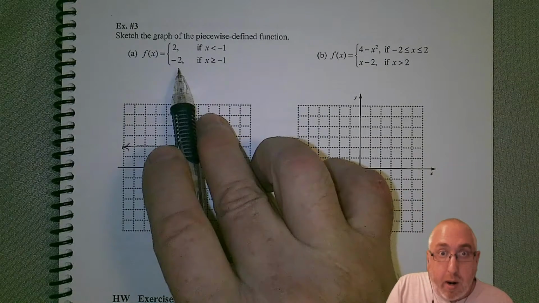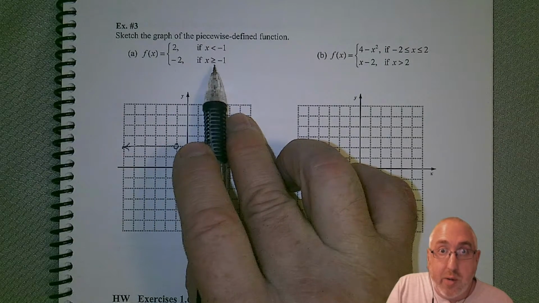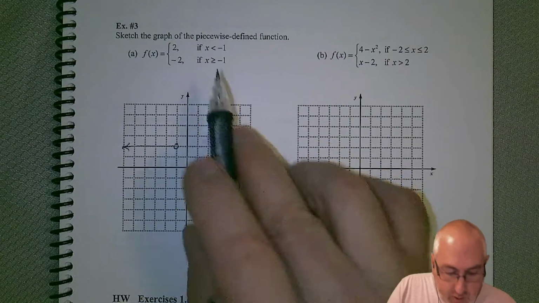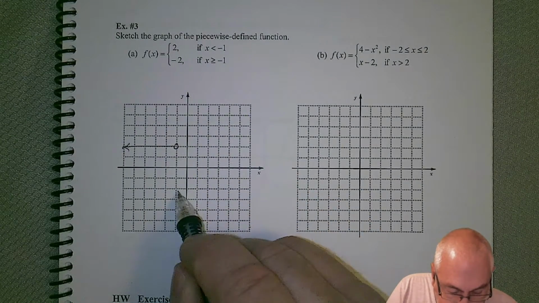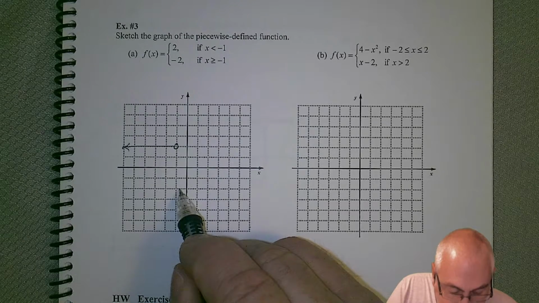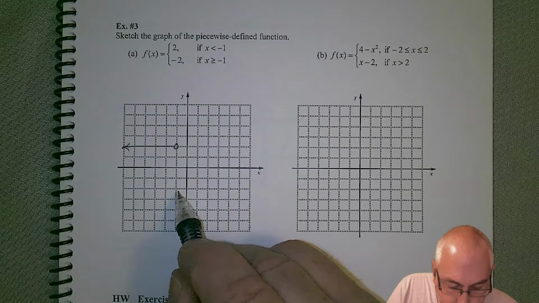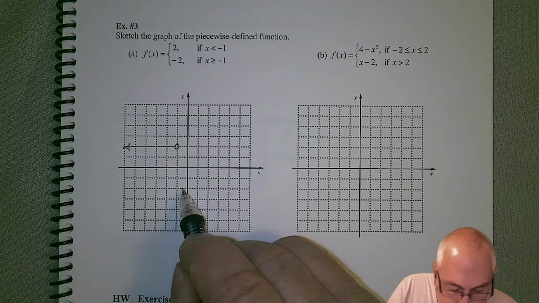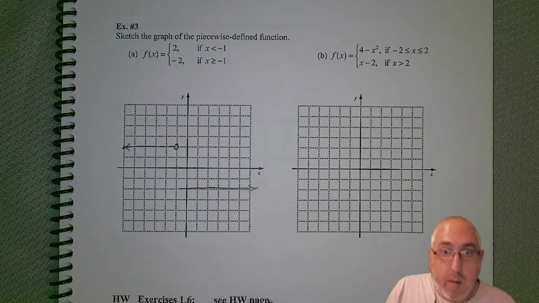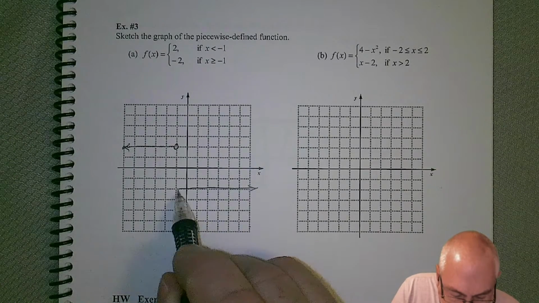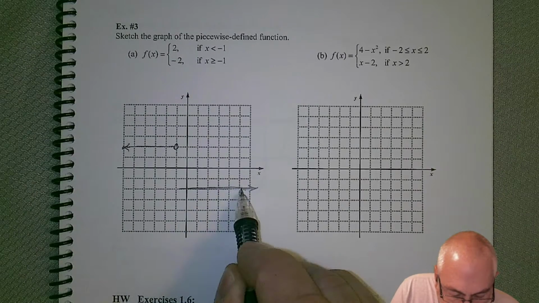Now for the second part, it looks like -2, but now it's when x is greater than or equal to -1. So now we're dropping down below the x-axis. And again, let's not worry about what's happening directly at -1 here. Let's just kind of skip it and say, okay, well, we know that this is all going to be a horizontal line here. So just to kind of fill it in a little bit.